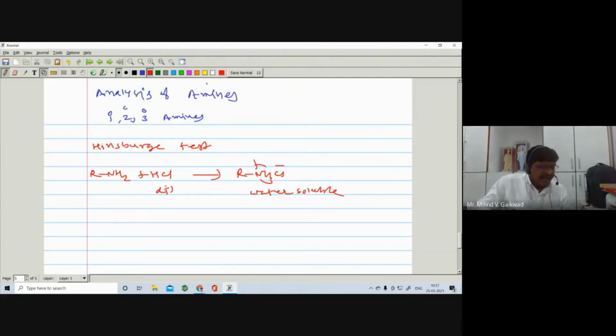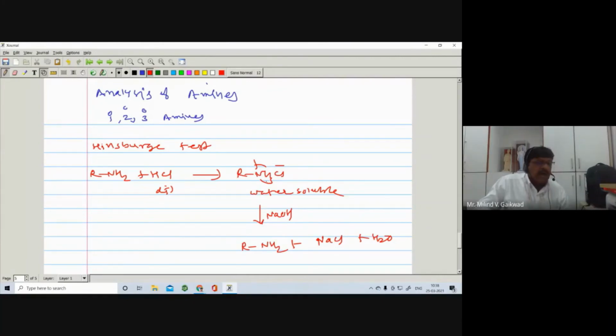And if the amine itself is insoluble in water, then when you add alkali like NaOH, there is again regeneration of the amine, and you get RNH2 plus NaCl plus water. So this is useful to differentiate between the primary, secondary and tertiary amine.